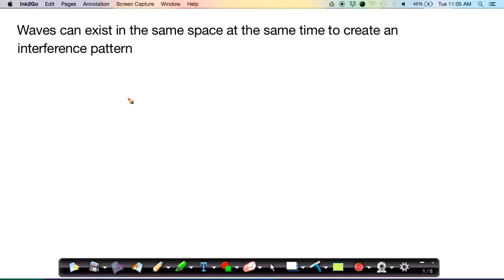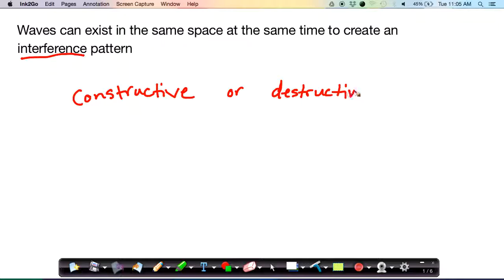So the first thing we need to understand about interference is that it can be constructive or destructive. So that is to say that when waves overlap and interfere, their wave effects can combine to cause constructive interference, or they can cancel to cause destructive interference.